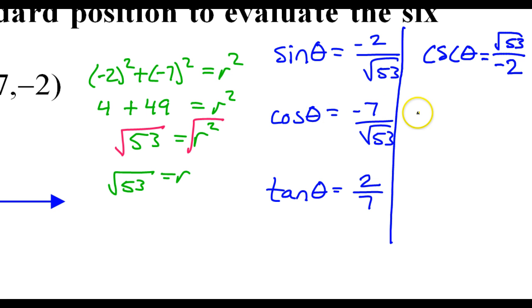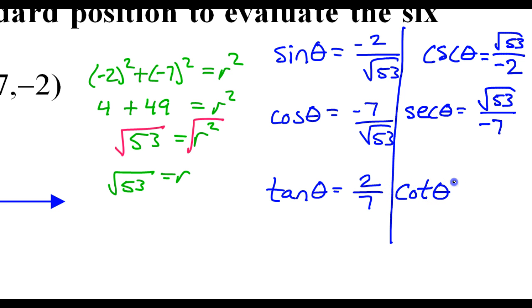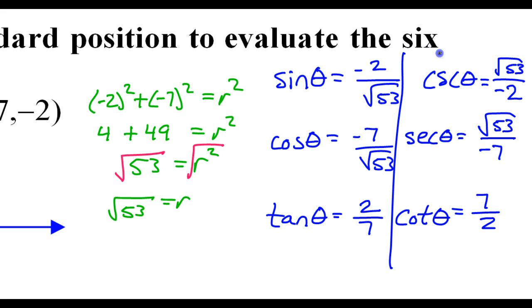Reciprocal of cosine is secant, so that'll be radical 53 over negative 7. And the reciprocal of tangent is cotangent, so that'll be 7 over 2. So there you have it. All 6 trig functions.